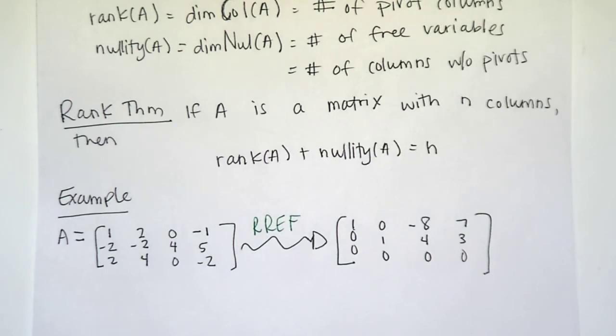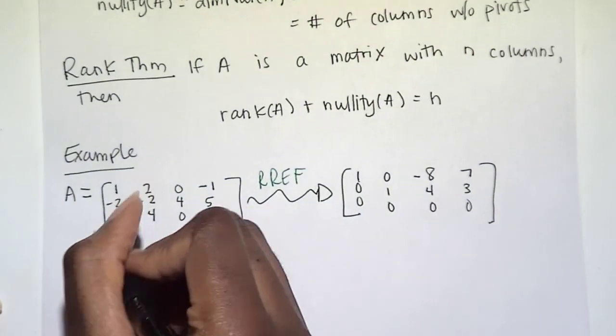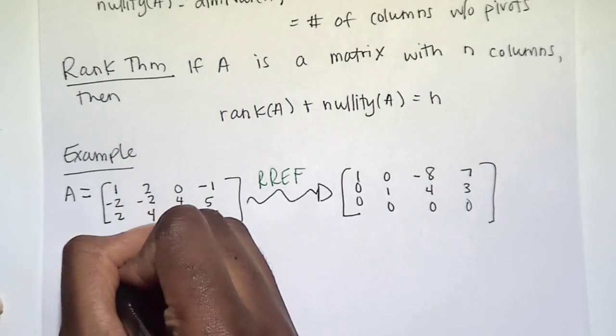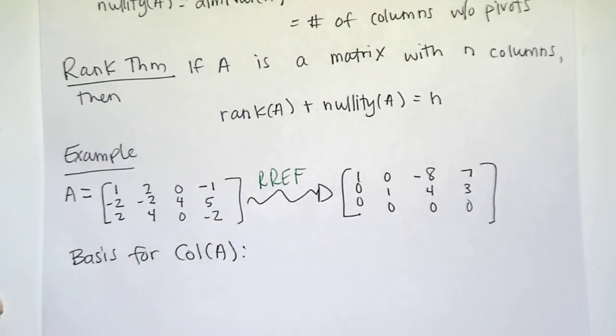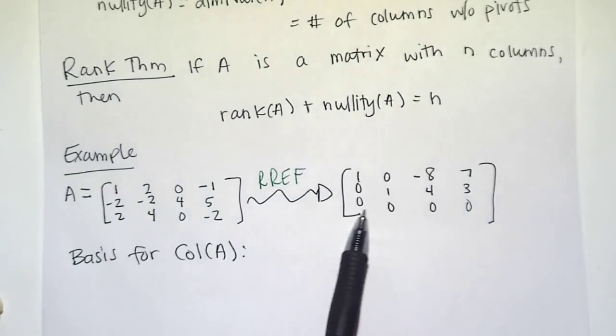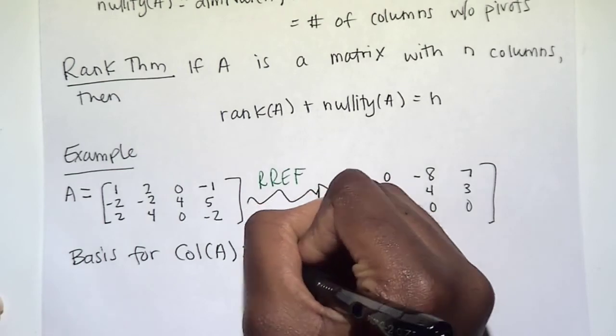All right, so we should know how many elements are going to be in our column space. We should also be able to quickly see the basis of our column space. So let's go ahead and check out the basis first. All right, so it's going to be the columns corresponding to the pivots. So it's going to be the first two in this example.